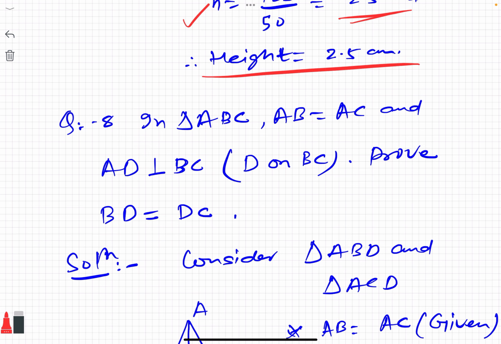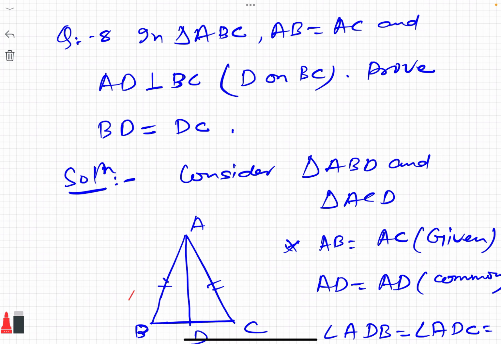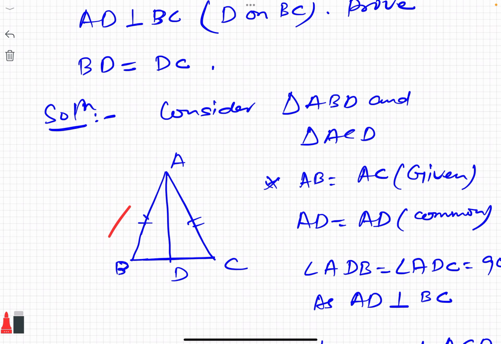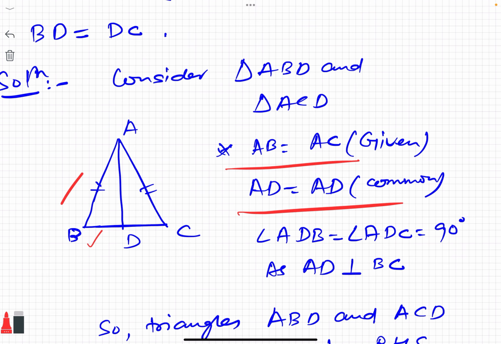Question number 8 is, in triangle ABC, AB is equal to AC and AD perpendicular to BC, D on BC, prove BD is equal to DC in this triangle. Consider triangle ABD and ACD. In these two triangles, AB is equal to AC given, AD is common to both, and angle ADB is equal to angle ADC, 90 degree, as AD is perpendicular to BC.